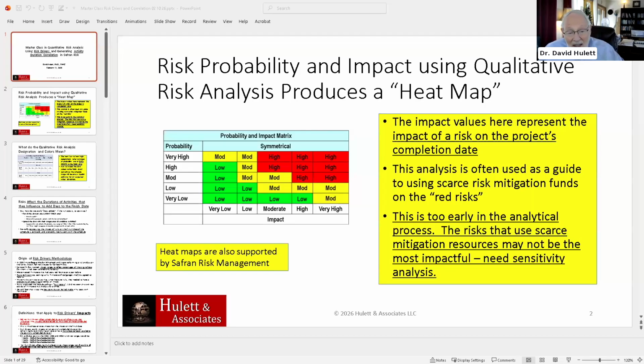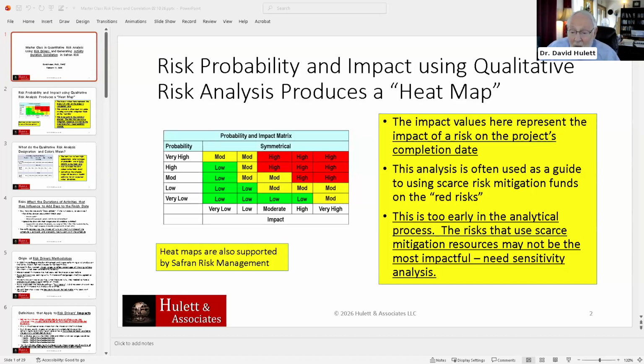The problem with that is that the identity of the risks that are most impactful cannot be determined by this until you look at the way that the logic and the durations of the schedule actually commit the impact from the activities to the finish date.